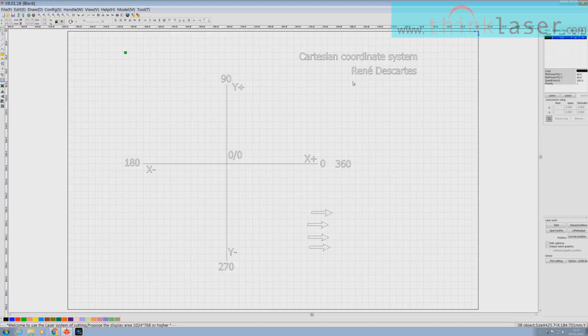The guy that invented this, a guy called René Descartes, as you can probably tell from his name, he was French, and well, he didn't like to make things too simple. Wouldn't life be easy if everything worked the same way? Everybody understands that 12 o'clock is at top, and then we go 3 o'clock, 6 o'clock, 9 o'clock.